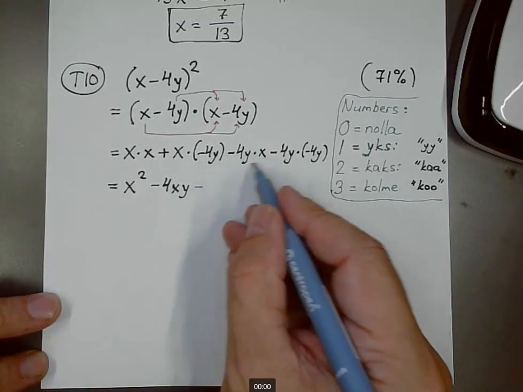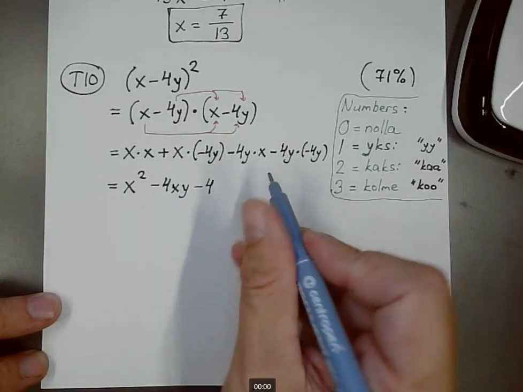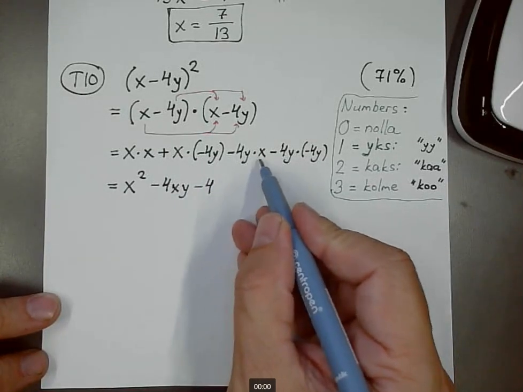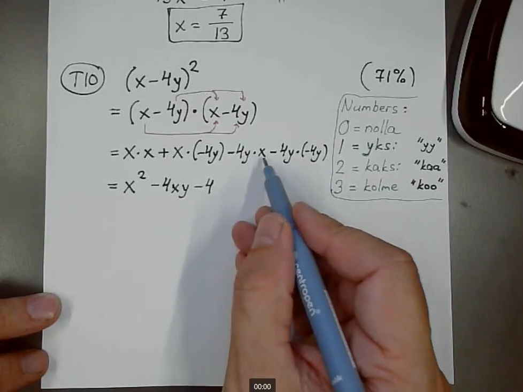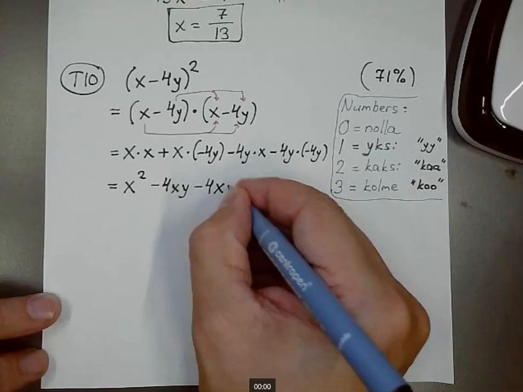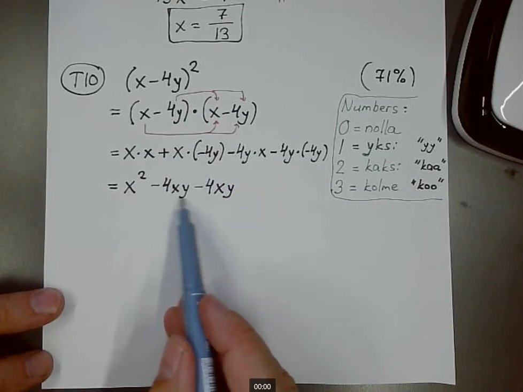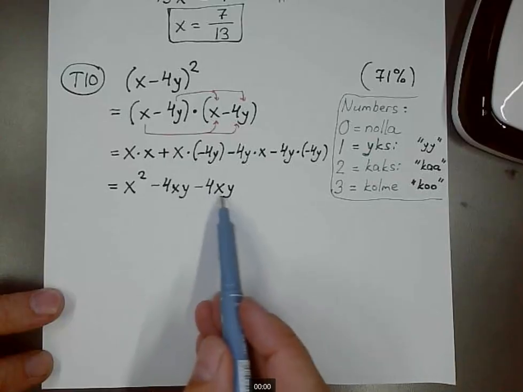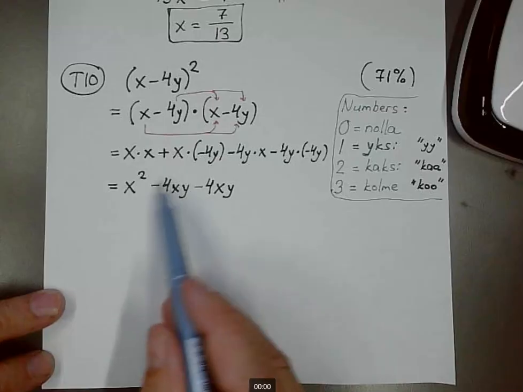Then here we have actually the same. We have minus 4 and then we have yx, and we may write it in the opposite direction, xy. The reason for this is that now we have the same format of these expressions.